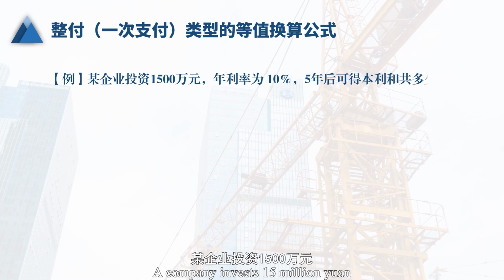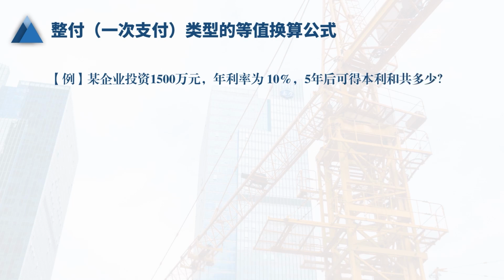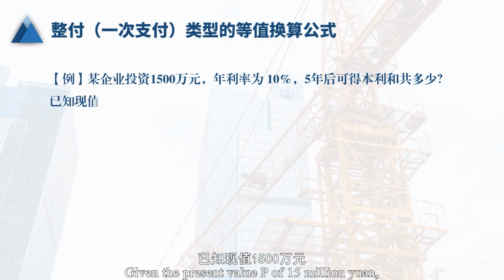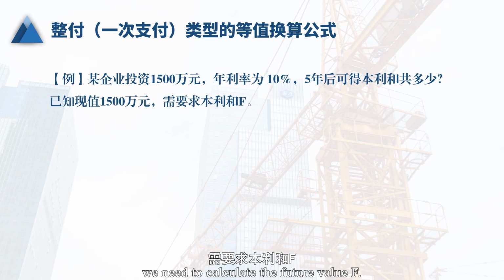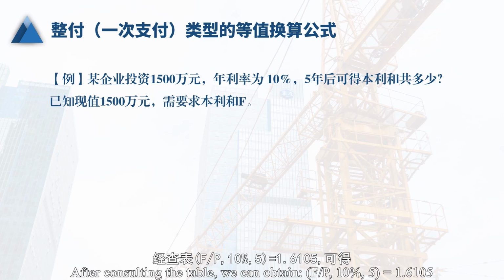A company invests 15 million yuan with an annual interest rate of 10%. How much will the principal and interest amount to after 5 years? Given the present value P of 15 million yuan, we need to calculate the future value F. After consulting the table, we can obtain (F/P, 10%, 5) equals 1.6105.